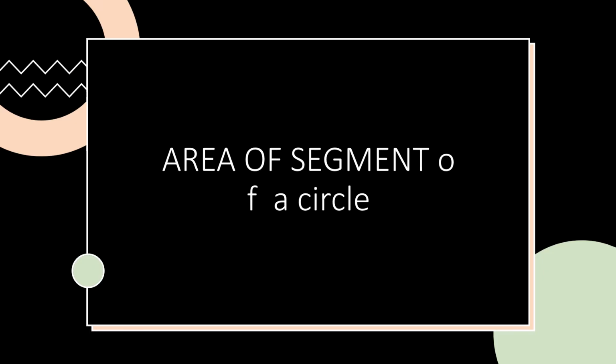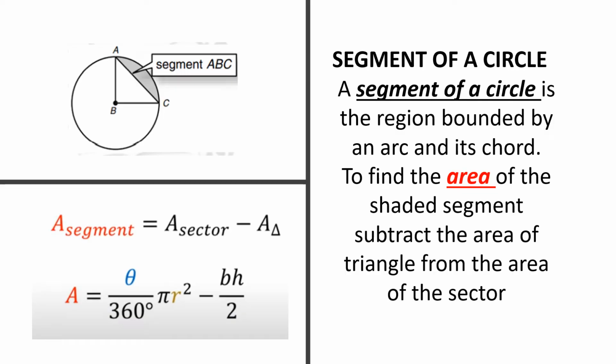Next, we have the area of a segment of a circle. A segment is the region bounded by an arc and its chord. To find the area of the shaded segment, subtract the area of a triangle from the area of the sector. So dalawa yung gagawin natin ngayon: kuhanin muna natin ang area ng sector, ima-minus natin sa area ng triangle.